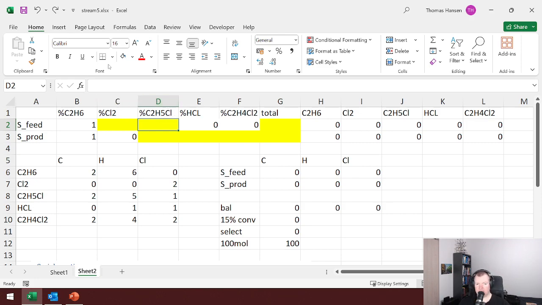Oh, hang on, that's me messing up. This is one of our products as well. So we also know that this one is 0. Then it makes sense. 1, 2, 3, 4, 5, 6. There we go. This was another of our products we know is 0.